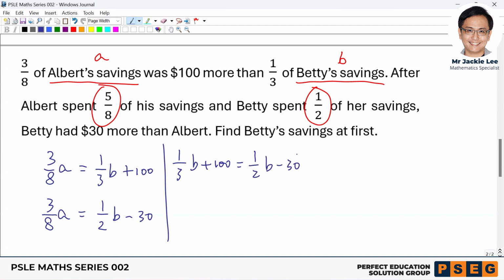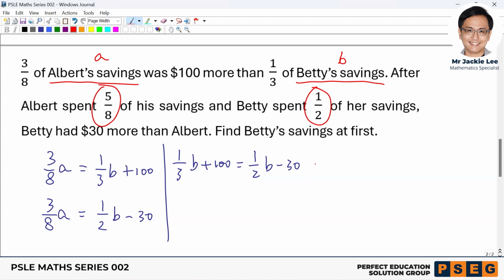Due to both of them equaling 3/8 A. Now to solve this sort of equation having fractions, I think the best way is to remove the fractions. We don't like to have fractions. For this case, 1/3 and half simply tell us that we should multiply by 6, am I right? We multiply by 6, we can remove the fraction format.